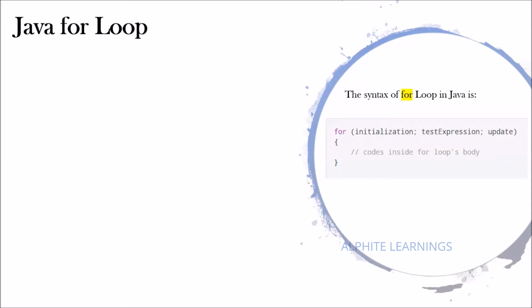If I give i as the initialized value, I'll check whether it is less than 10, or whether it is an even number, some condition. That piece of code goes inside the test expression, and then the update. Since I have to run it as a loop, I have to update the value that is going to pass next. So the next part is the update.